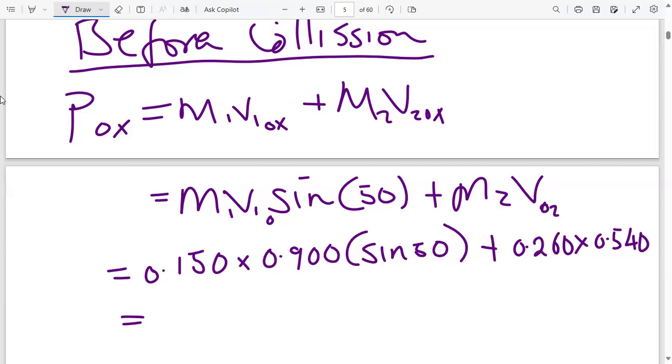I have 0.150 multiplied by 0.9 multiplied by sine 50. Okay, and that I'm adding 0.260 multiplied by 0.540.